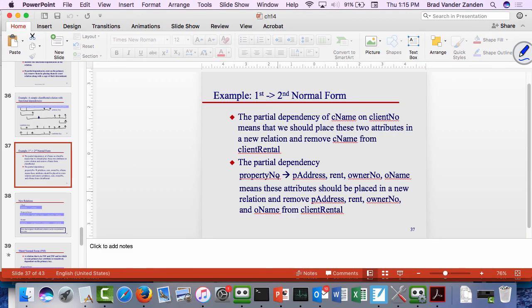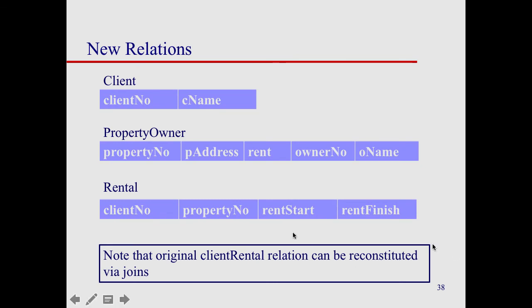So we are going to take property number and all of its corresponding attributes, and we're going to move it into a separate relation. And we're going to do the same thing with client number, because client number was also a partial dependency. It was part of the primary key, and it uniquely determined the client name. So those two attributes also go off to their own new relation.